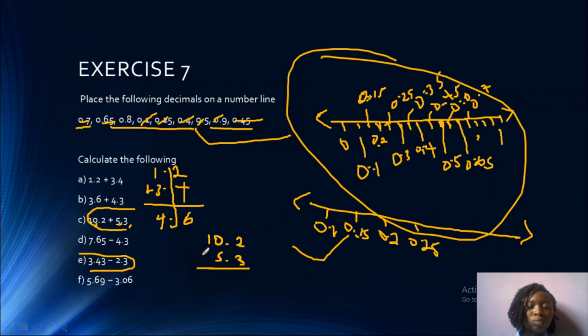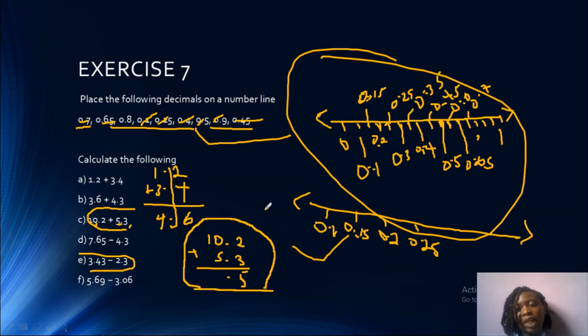So you do your addition. Then you put the points before you get your answer. So arrange it. The precision of your arrangement will give you the precision of your answer. If your arrangement is right, your answer will be right. If your arrangement is zigzag, your answer won't be correct.